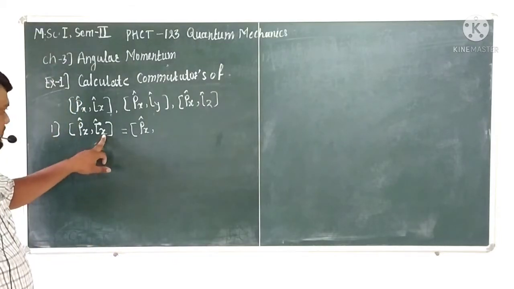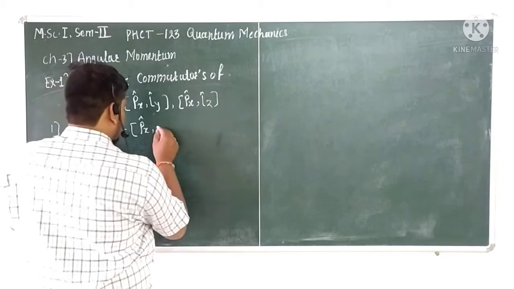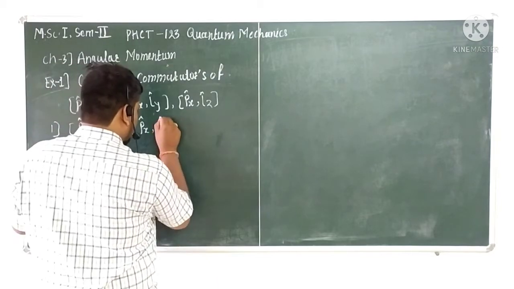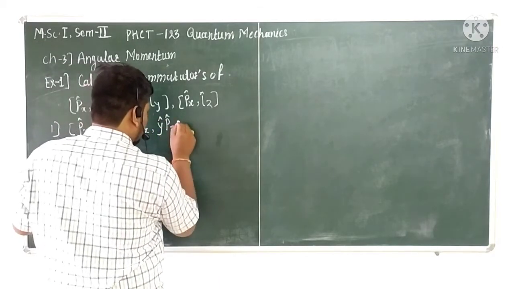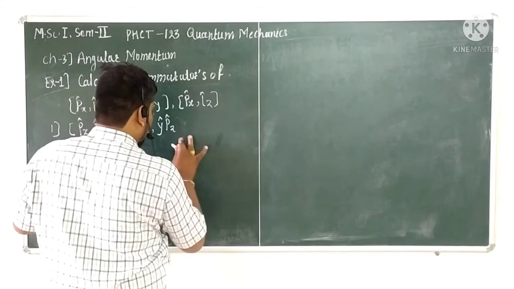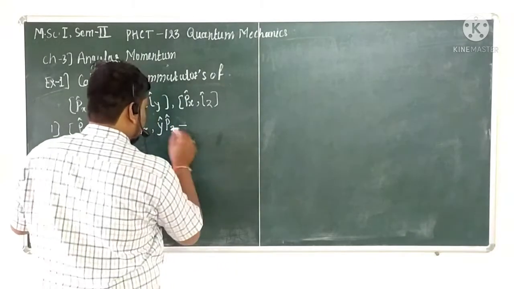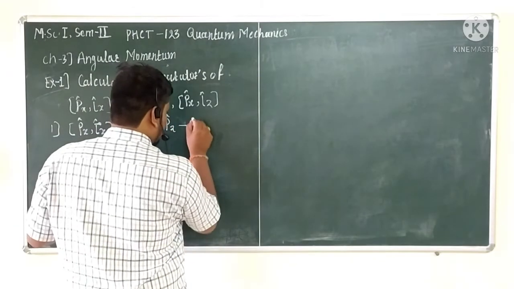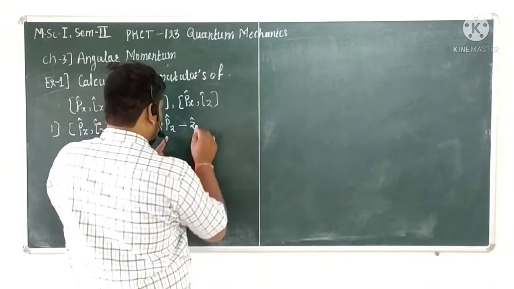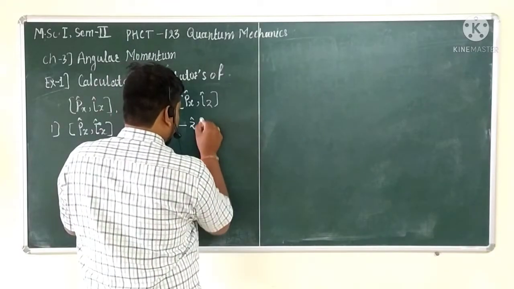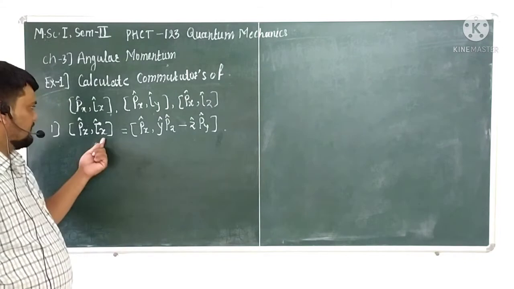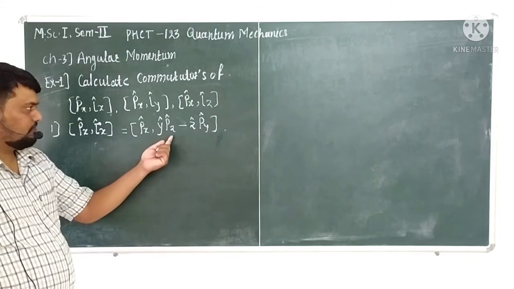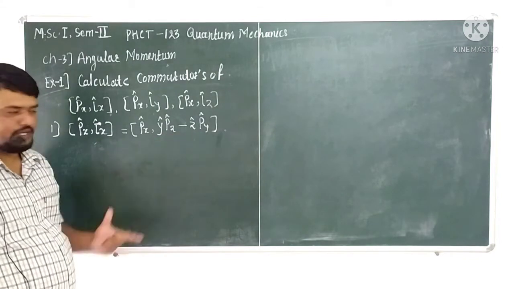So y cap is first there, and the momentum operator of z cap, that is pz cap, minus z cap in the front of py cap. So this is the identity: lx cap is nothing but y cap pz cap minus z cap py cap.